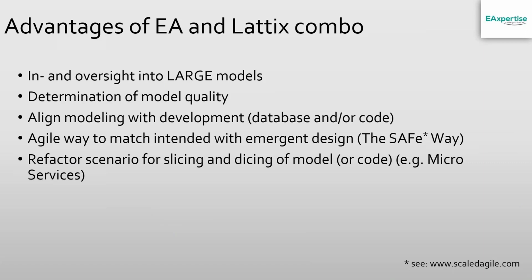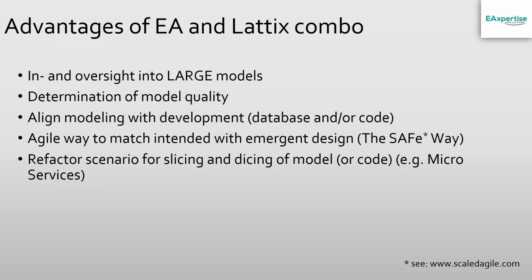So what are the advantages of the EA and Lattix combination? We have a way to have insight and oversight on large models. It's easier to determine the model quality. So what is the quality of your model?